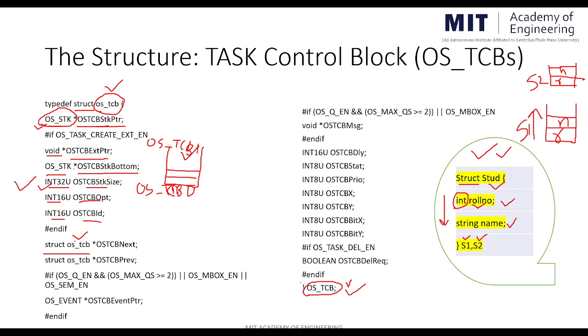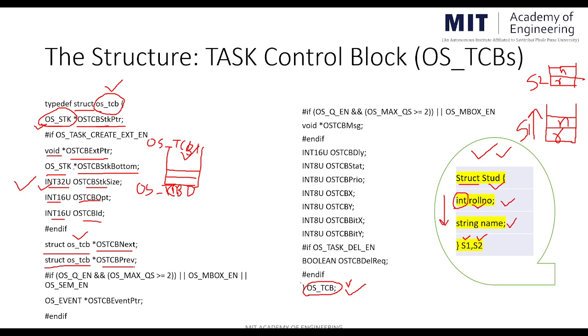Structure is itself a data type which creates another structure named OSTCBNext. Then we have to see the details of this also in the next video. Structure OS_TCB is the data type.